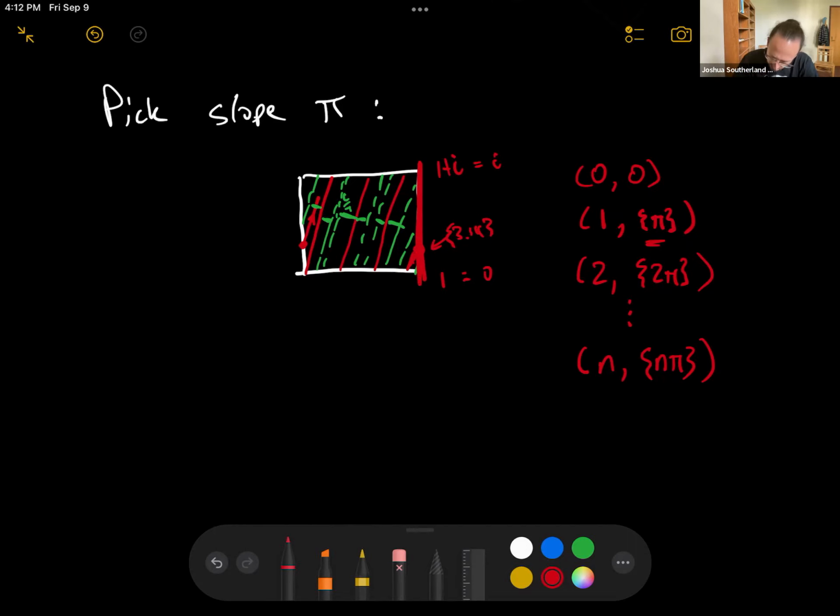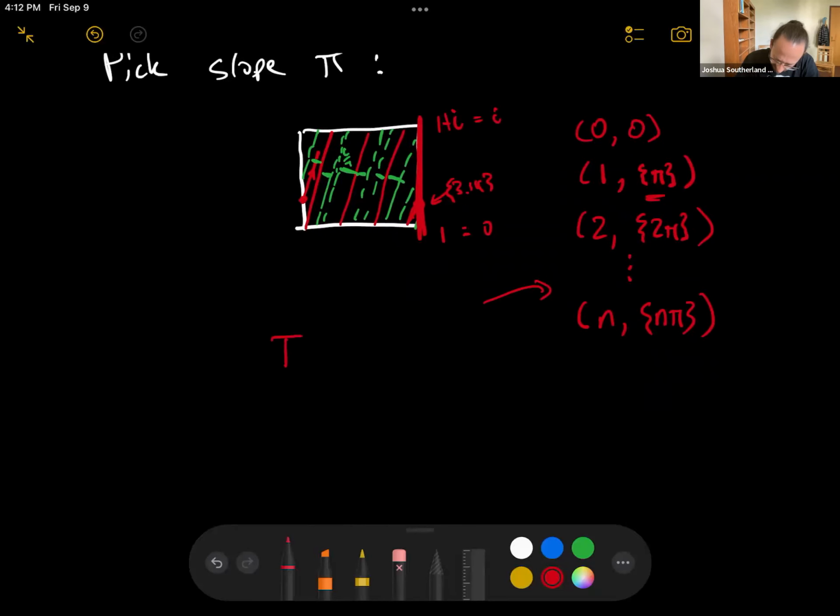The circle rotation that we're seeing is x plus pi, and the points showing up are just the orbit of 0.